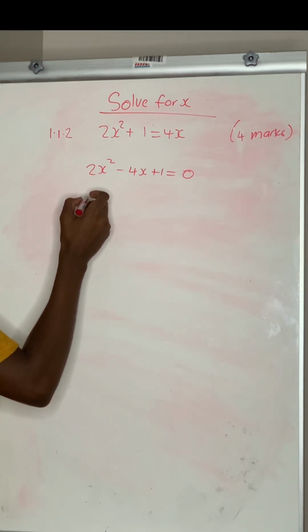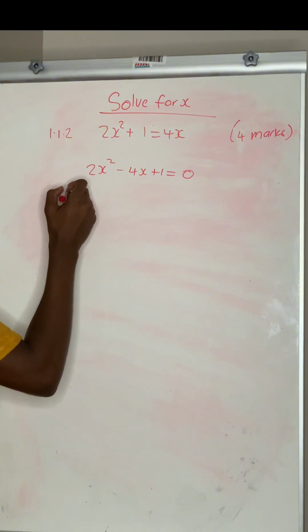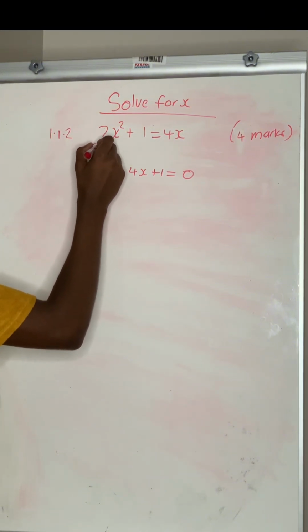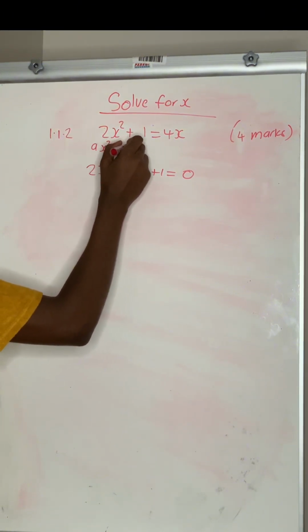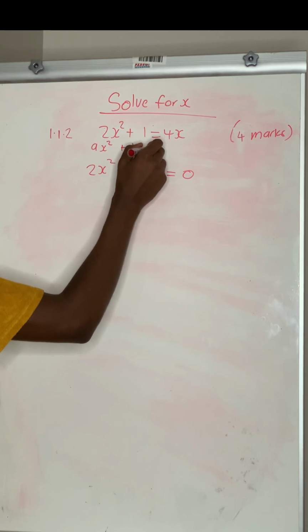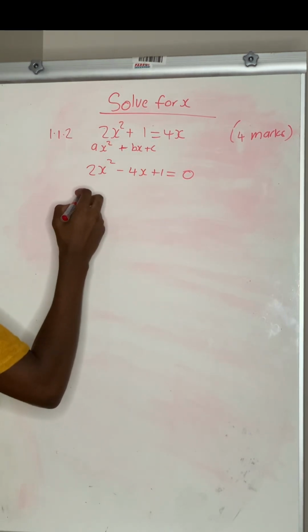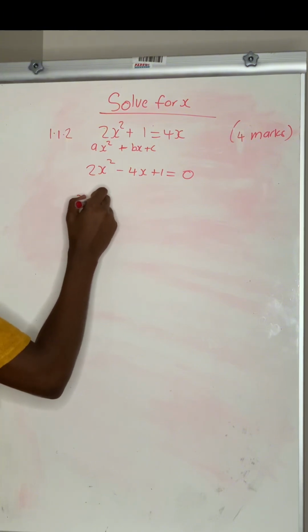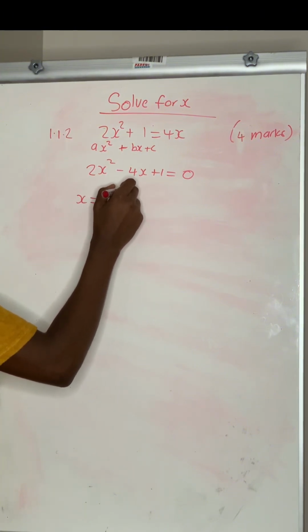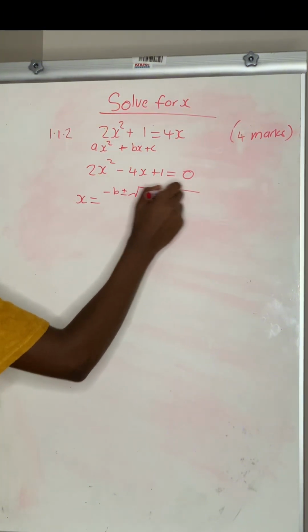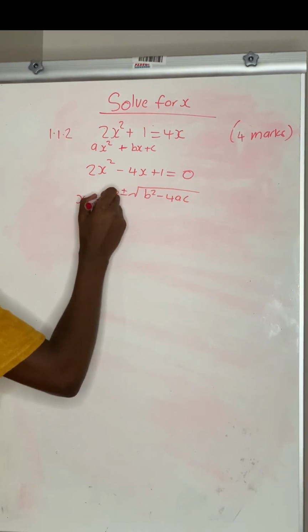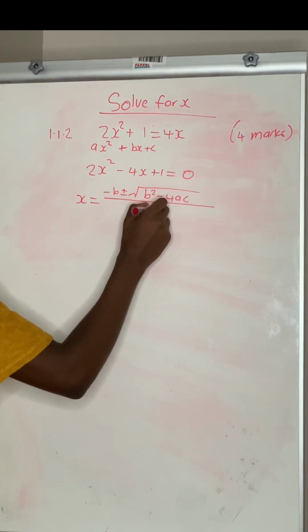When using the quadratic formula, there's a standard form which says ax squared plus bx plus c. And then we have our quadratic formula which says x is equal to negative b plus minus the square root of b squared minus 4ac, all of that divided by 2a.